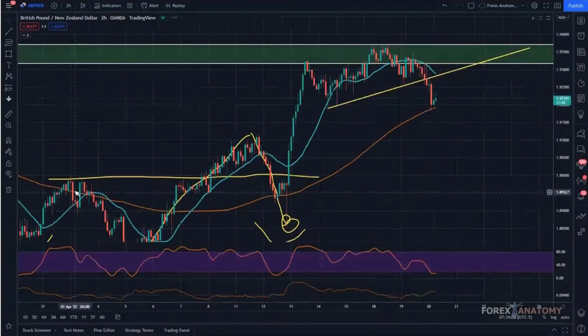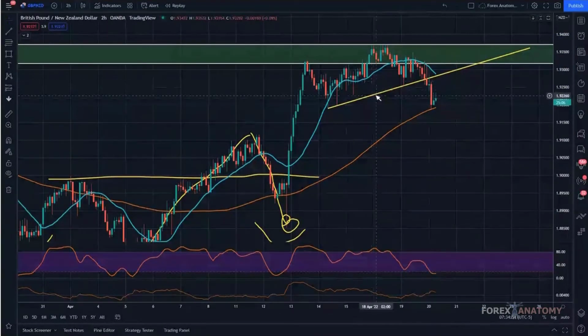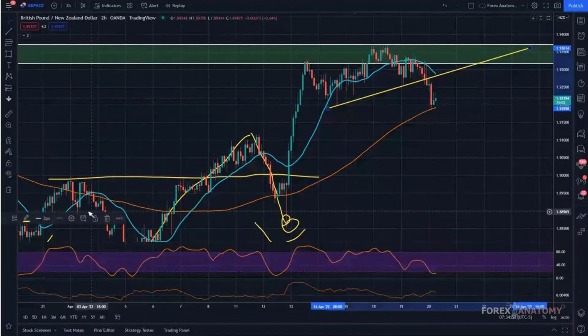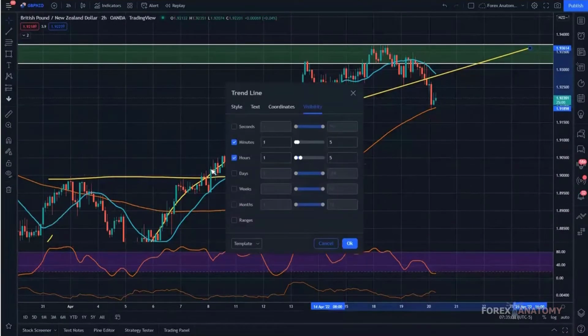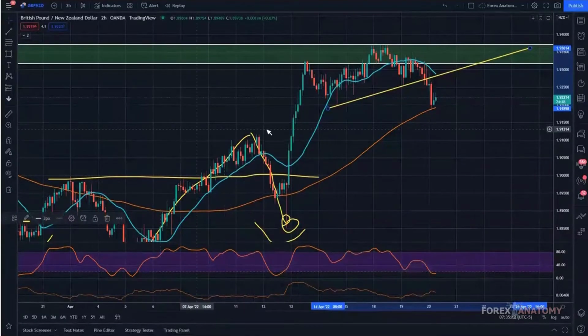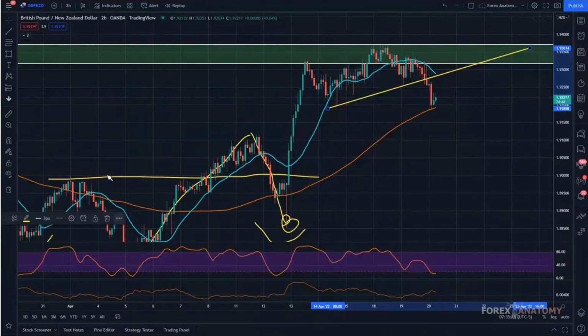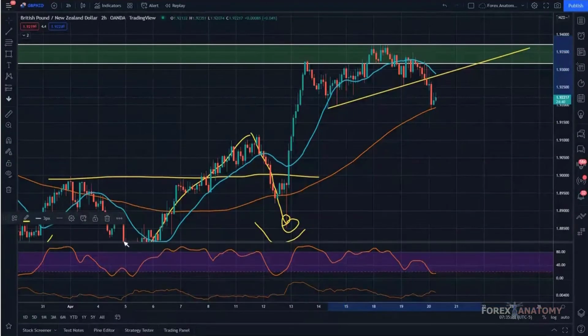Okay, for some reason we're not seeing this line come through. I don't know why it's not coming through, but we should see. Let me do it from this time frame.